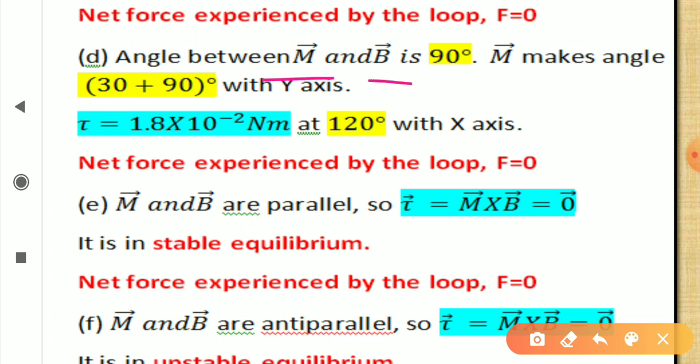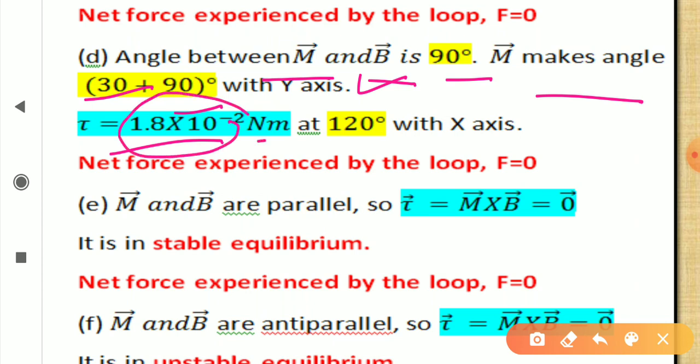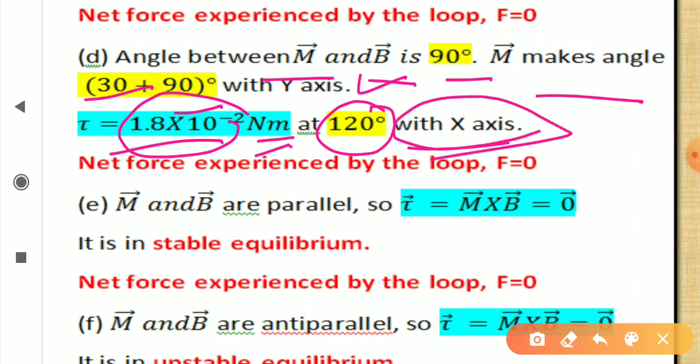The angle between M and B is 90 degrees without any doubt. M makes an angle of 30 plus 90 with the y-axis, 120 degrees. So torque, same magnitude, Newton meter at 120 degrees with this x-axis. Okay, and now the problem is, here I cannot show you any I cap or J cap or whatever. So the net force acting on the loop will be 0.